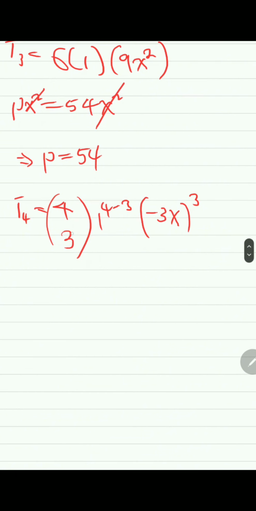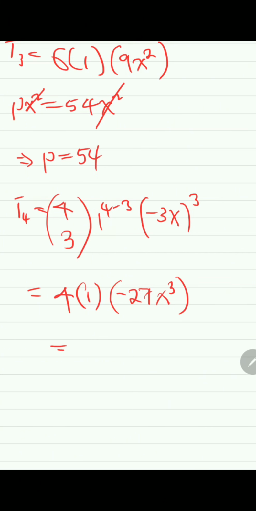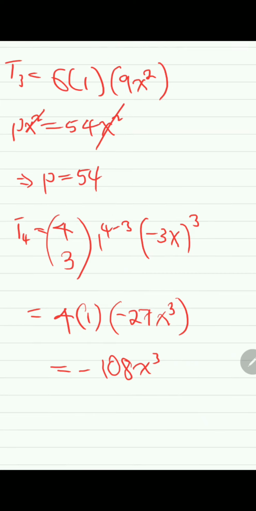This is raised to the power 3. Now 4 choose 3 simply gives us a 4, to multiply with the 1, then times this will give us negative 27x to the power of 3. Now when you multiply, we're simply going to get negative 108x to the power 3.